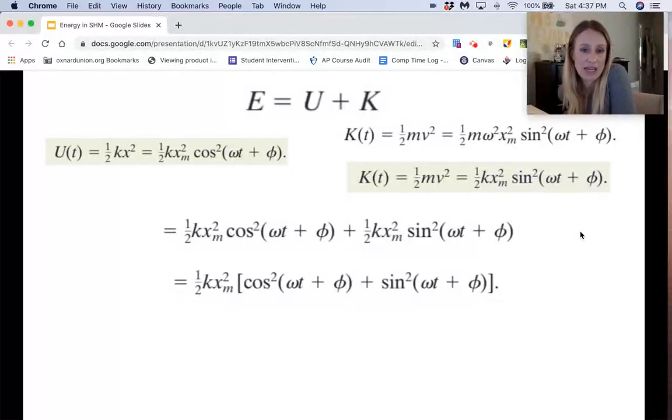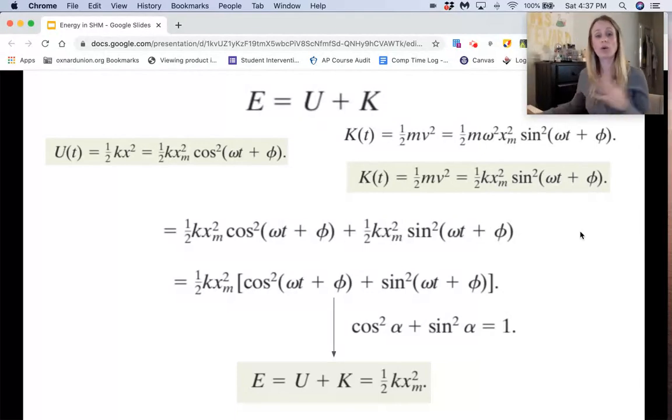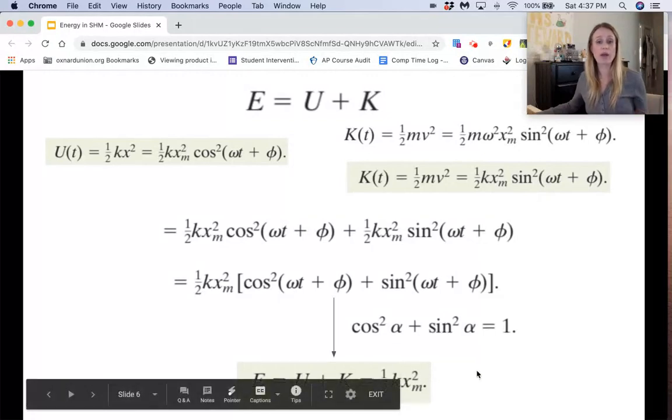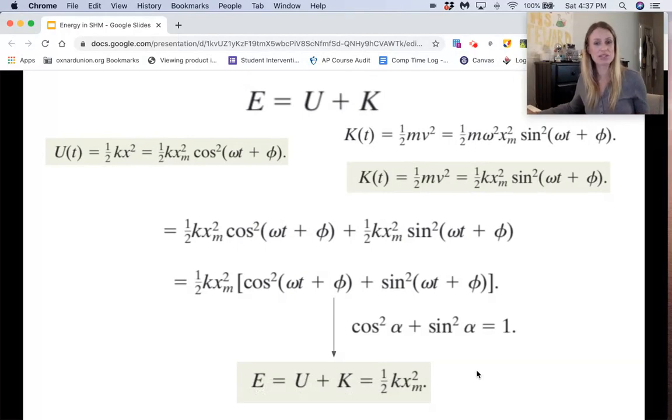And so we end up getting this, and we can see that cosine squared of the phase plus sine squared of the phase just equals 1. So because of that, we then can see that the total energy of the system can be measured as just 1/2 times k x maximum, which is the amplitude position, squared. So if you know the spring constant k and you know the amplitude, then you can find the total energy of the system this way.